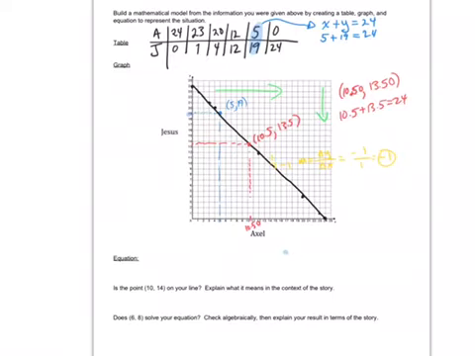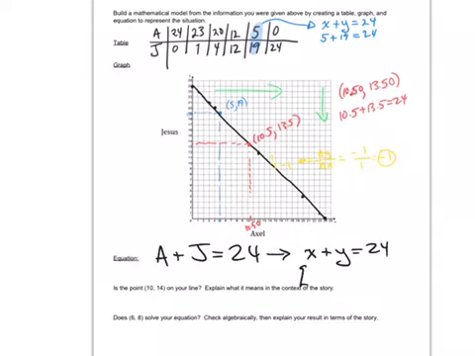And finally, we can represent that with the equation where Axel's money plus Jesus's money has to total $24, or using the variables x and y, we get x plus y equals 24. You can also see that since this line has a y-intercept of 24 and a slope of negative 1, we get y is equal to negative x plus 24. And that's an equivalent but different equation.